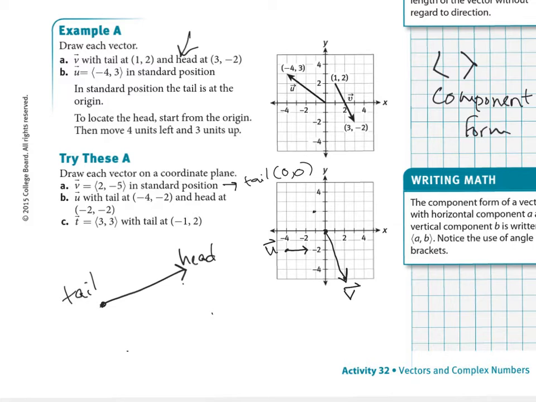So right there, that's where we would start this thing. And then the components are 3, 3. So that means 3 positive, which is 3 to the right, and then 3 positive again, which is 3 up. So 3 to the right and 3 up. And then this is where the head will be. And then this, of course, is vector T. So that's what it looks like on a picture.